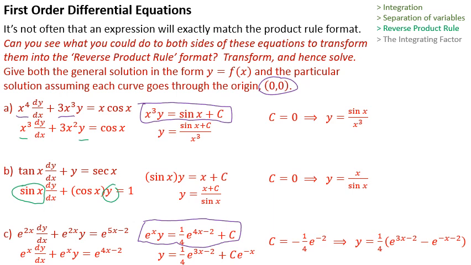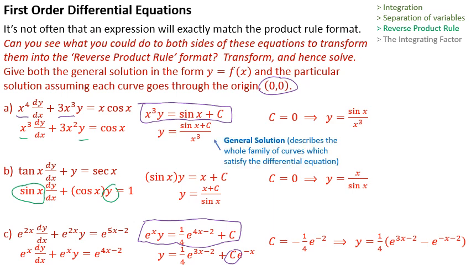And then we can substitute that back in. So where we see c in our general solution, we can replace it with minus a quarter e to the minus 2. And when we simplify a bit, we'll get this, a quarter of e to the 3x minus 2 take away e to the minus x minus 2. There are a couple other ways you could rewrite that, but that's about as straightforward as it's going to get.